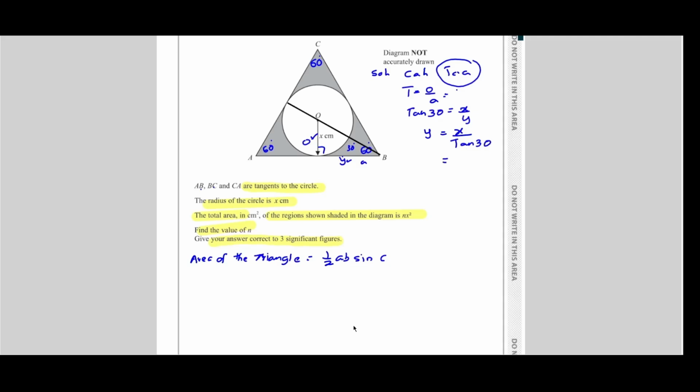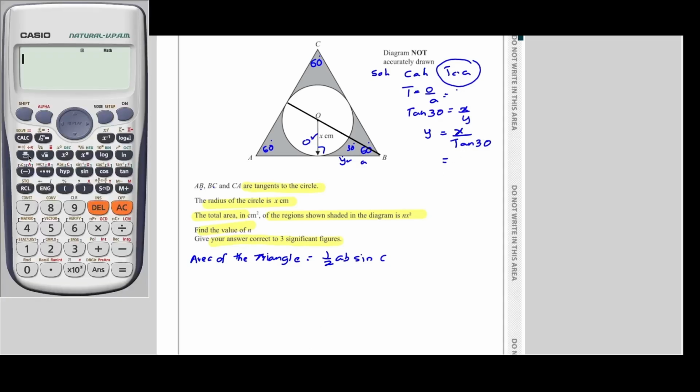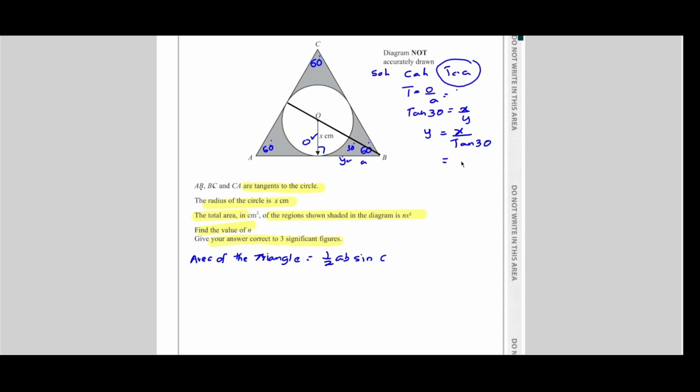Let's use the calculator: 1 over tan 30. How much is it? Root 3. So we are getting x root 3, or root 3x.